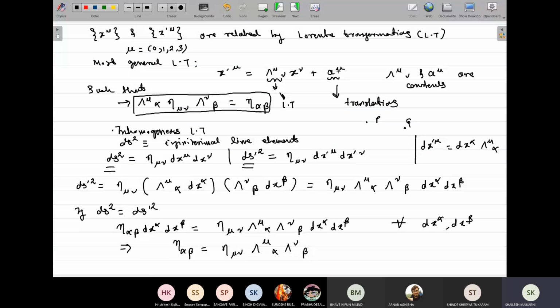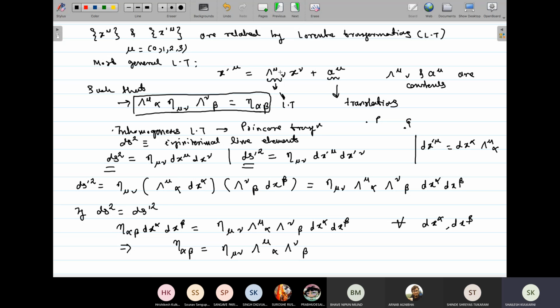If you include a mu, then we call it inhomogeneous Lorentz transformation, also called Poincare transformation. If a mu is absent, then we call this homogeneous Lorentz transformation or just Lorentz transformation. Clear? For a moment, I will assume that a mu is 0. We'll just deal with this homogeneous part.